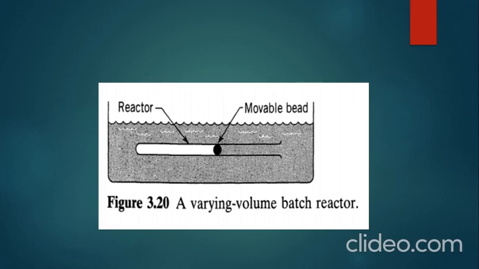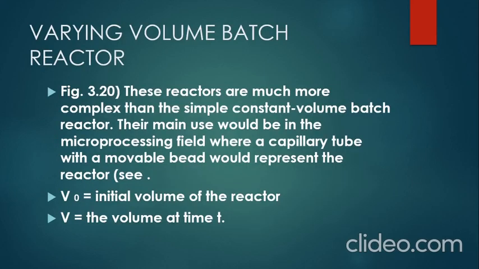Because the bead is movable, the volume of the reactor will change. So V naught is the initial volume of the reactor, and V is the volume at time t.